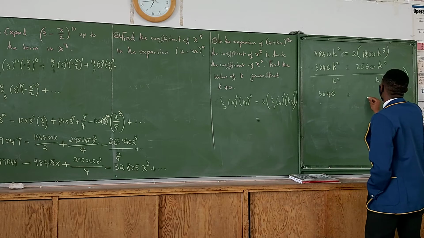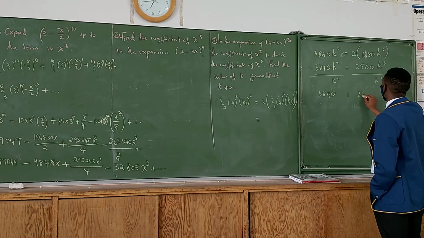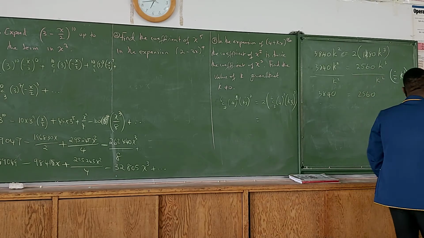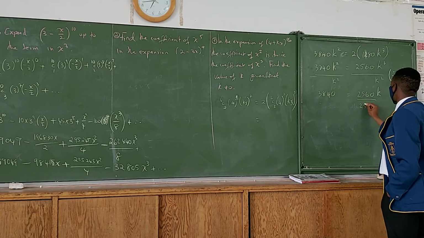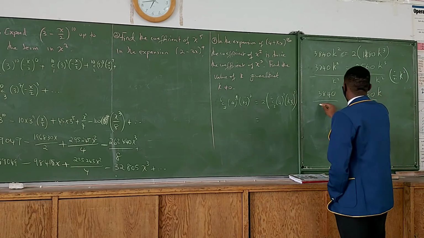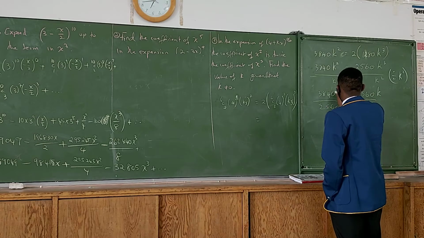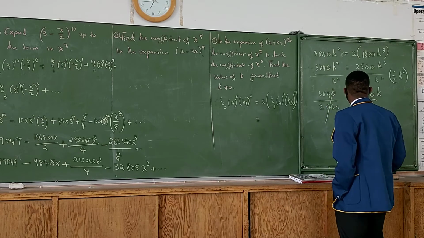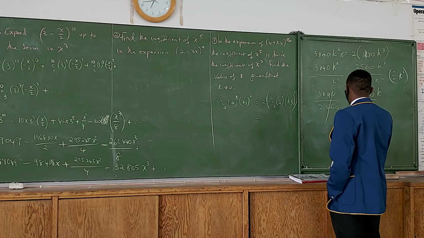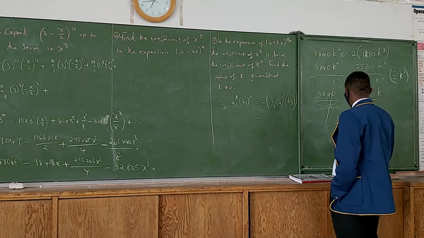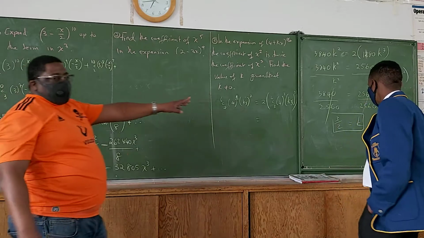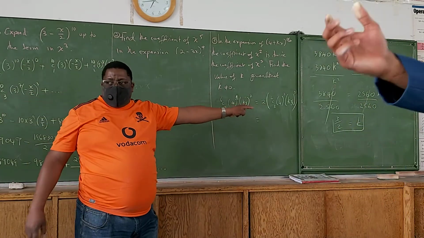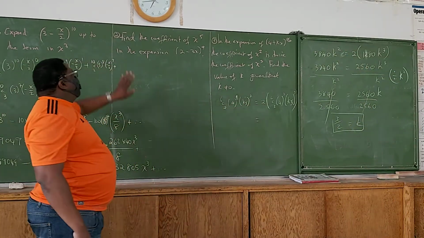Yeah, we can make it equal to 0, but you have to take the square to one side. That's good work. Good. So k equals 3 over 2. That's very good.